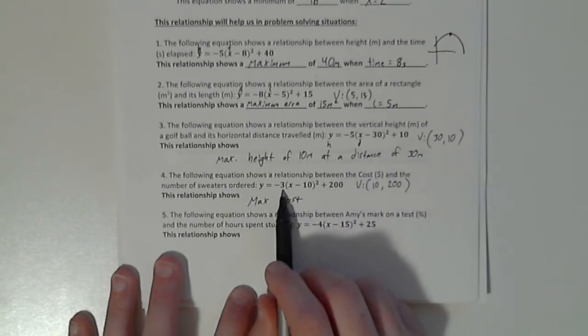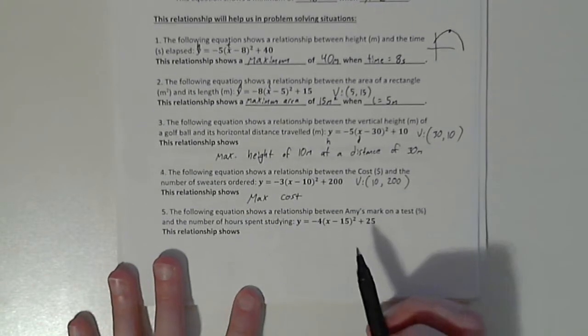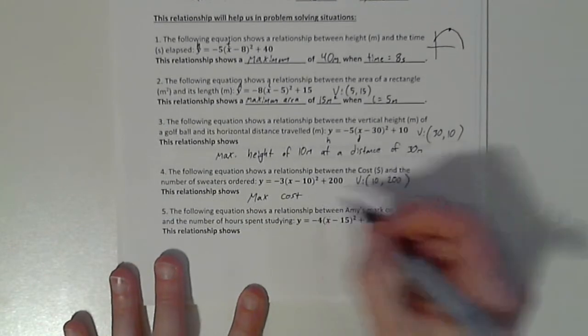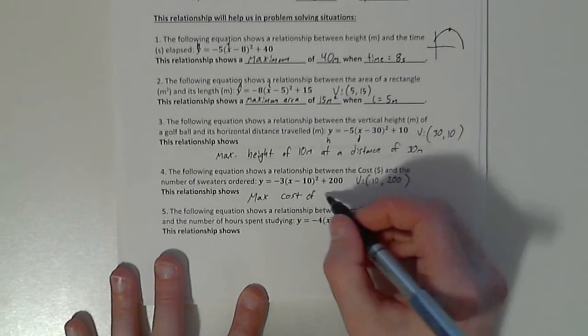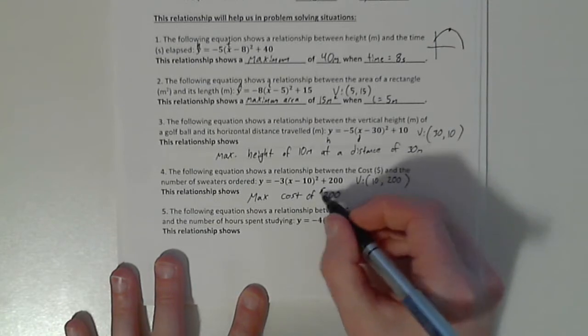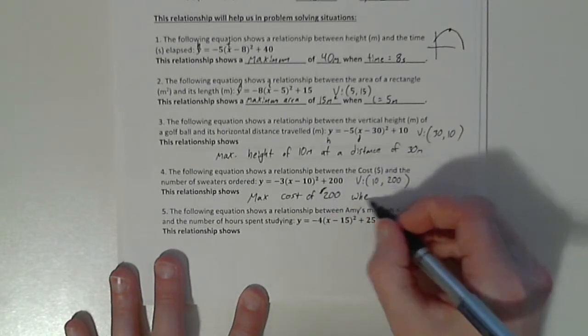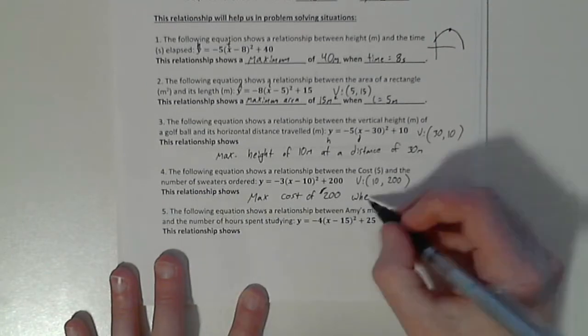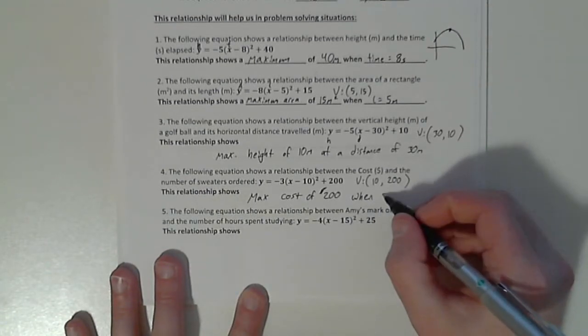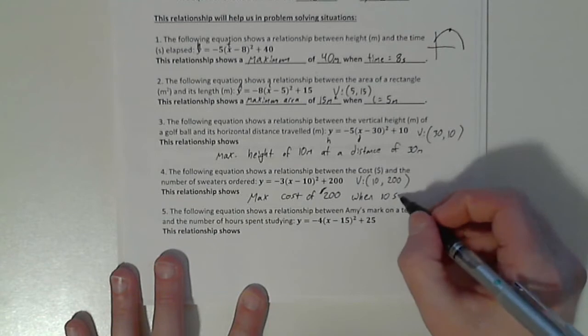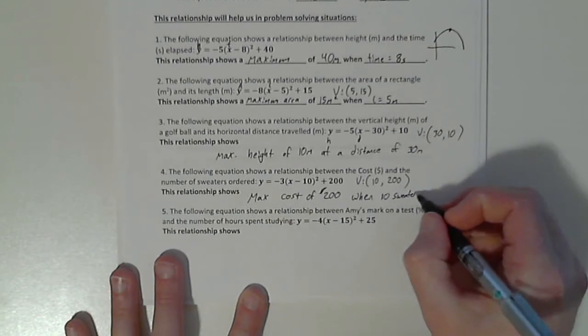I think that's definitely more common. It's not going to be everyone, but it's definitely more common in word problems to have negative values of a. So a maximum cost of $200 when 10 sweaters are ordered.